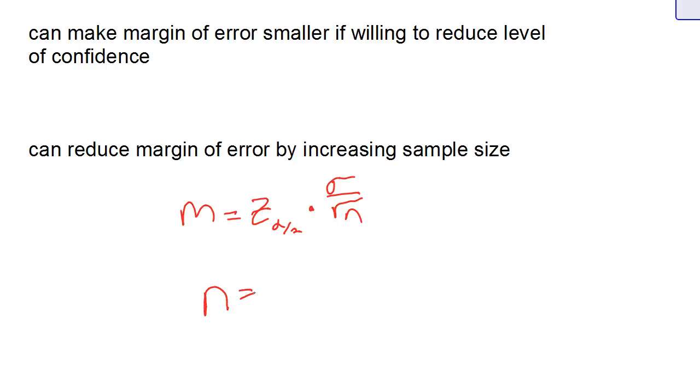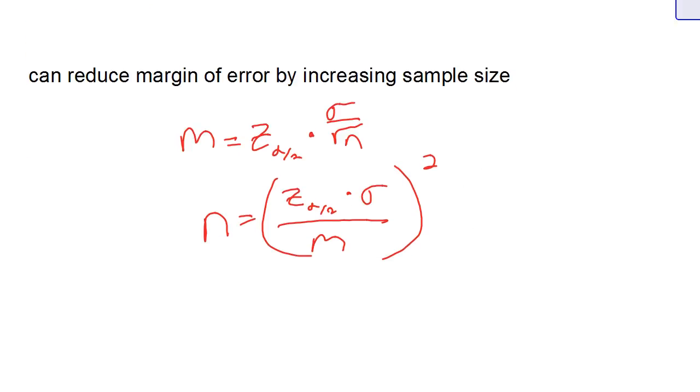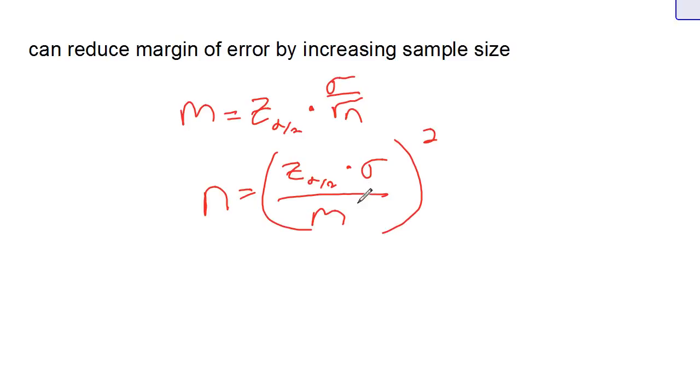And so that's actually going to come out to be n is equal to z alpha divided by 2 times our standard deviation divided by our margin of error, and that entire amount squared. So I would do this multiplication and division first, get a value, and square it. And so this can actually help me calculate how large of a sample size I need to get a certain margin of error.